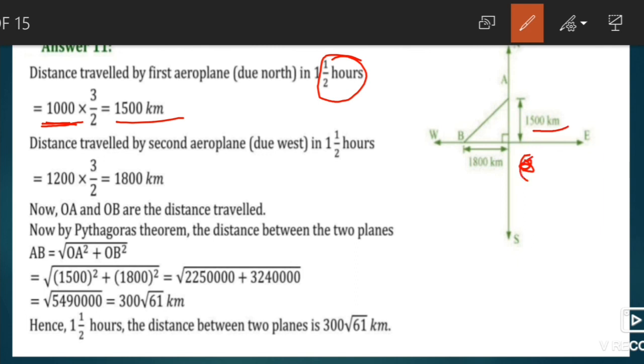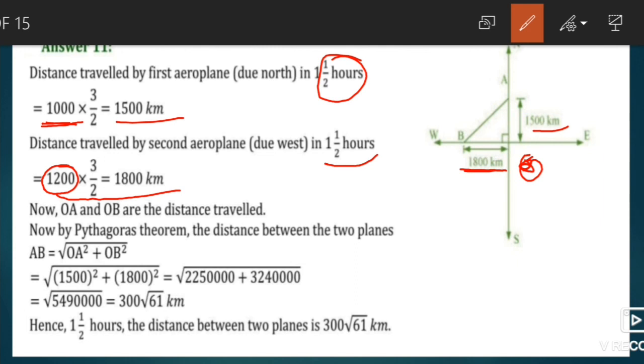That is the OA distance. Similarly, the aeroplane which travelled in the west direction was at the speed of 1200 km per hour and it travels for 1.5 hours. That means after 3 by 2 hours it will cover the distance 1200 into 3 by 2, that is 1800 kilometers. That means this OB distance is 1800 kilometers.